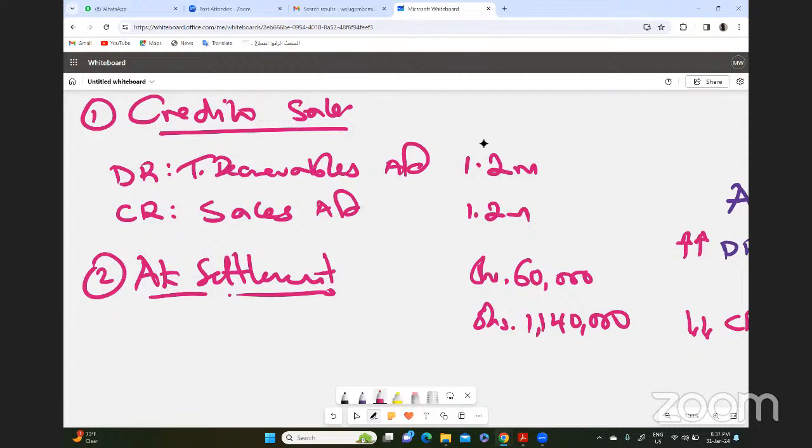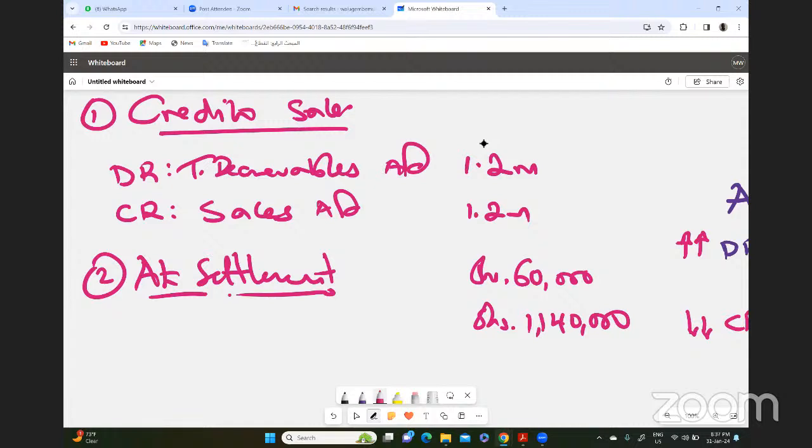Remember, since you recognized the trade receivable of 1.2, at the point of derecognition you have to derecognize the entire figure. The obligation for them is no longer existing, or the right to receive for you is no longer existing.